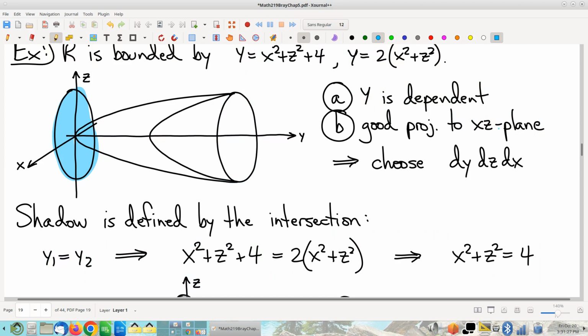and for a given value of x and z, anywhere in that projection, as I move in the y direction, we're going to enter the solid on this paraboloid, and then we're going to proceed for a while, and then we're going to leave the solid, gosh, this is hard to draw, but on this paraboloid.